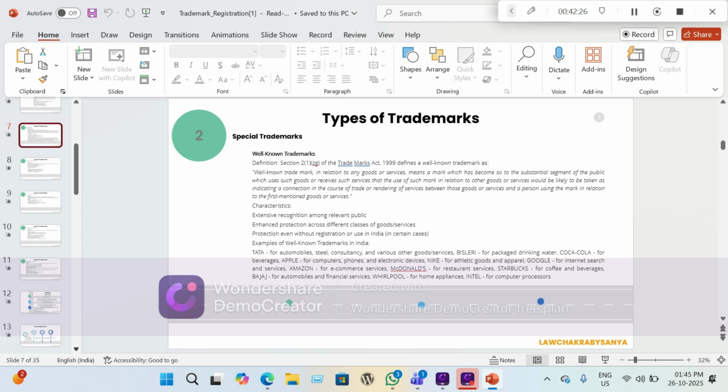So, if there are well known marks, even if they're not registered, but everybody knows them, even if they're not registered in India, but it's very famous the world over, even then they get the protection.